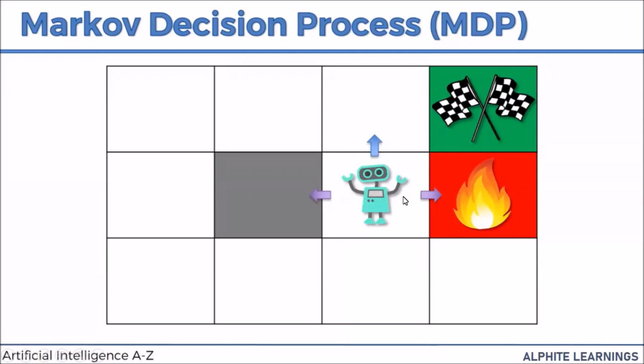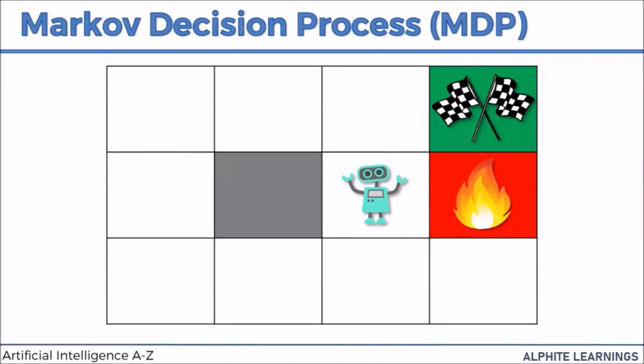So what does this Markov decision process say is, if an agent is present in a particular state, you don't want to calculate from which state it came to this state. Okay, you don't want to check that.